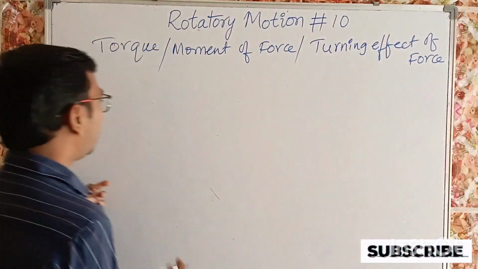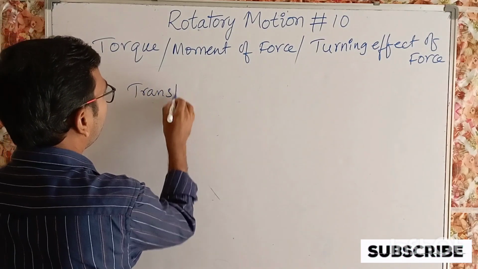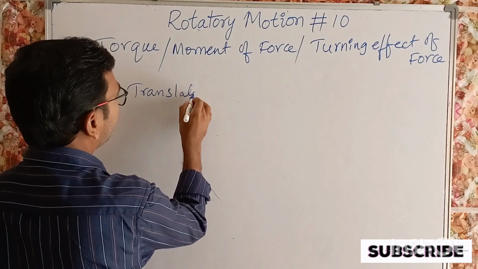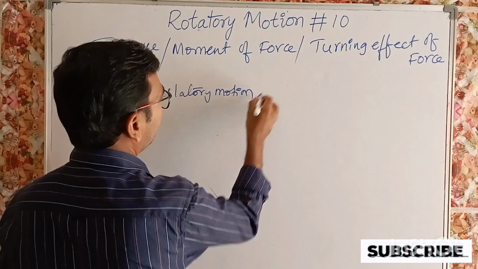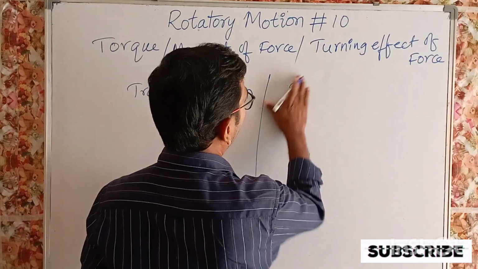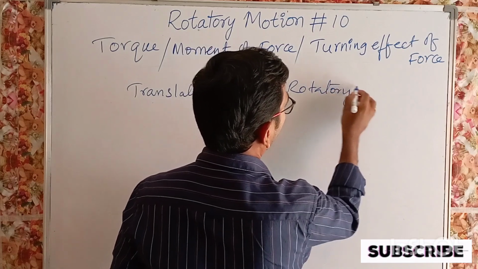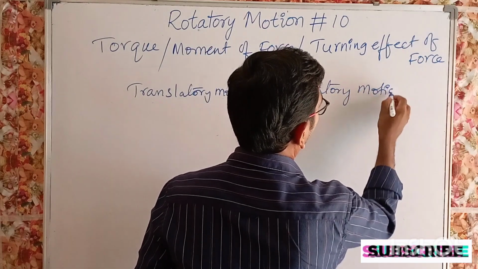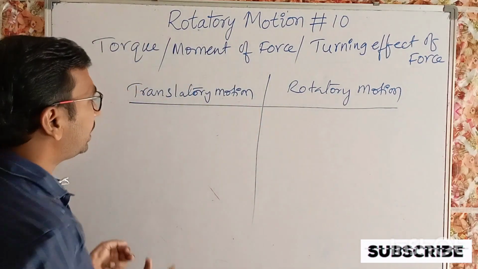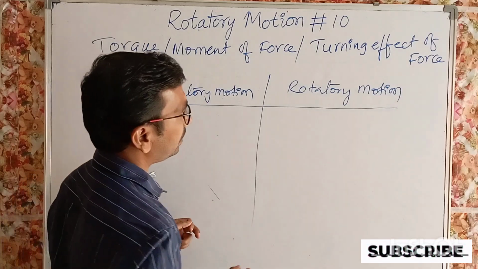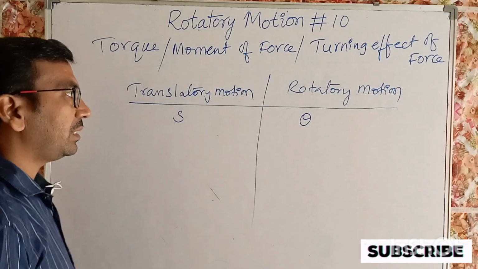First of all, what is translatory motion? Translatory motion and rotatory motion. In translatory motion, linear displacement is S, and in rotatory motion, angular displacement is theta.